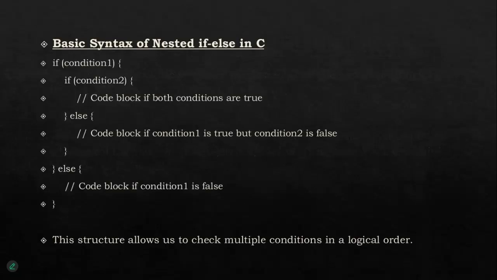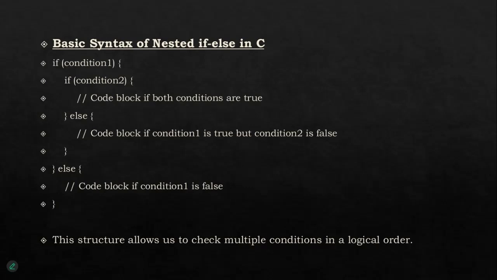This is the basic syntax of nested if else in C. At first there is if condition 1, then we start the curly braces, then inside there is if condition 2. So this is the nested if else. If condition 1 and condition 2 both are true, then this nested if code block will execute.